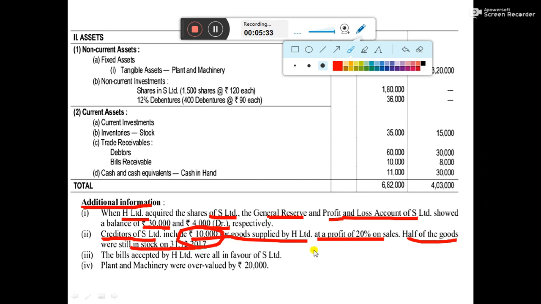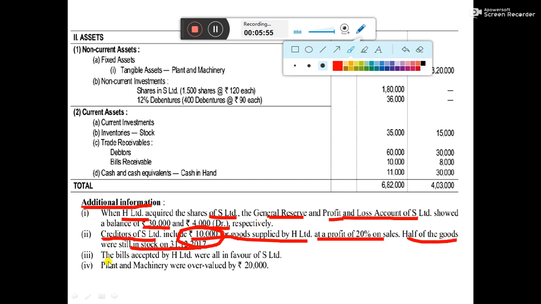So whatever profit is there, the treatment has to be given. That is, on 5,000, profit of 20%, that is 1,000 profit, adjustment has to be done. We have already seen this kind of adjustment in the previous problem. The same adjustment will be given effect in this problem.